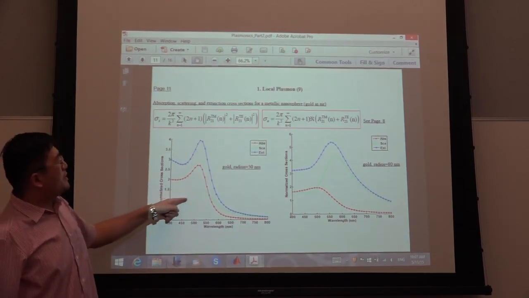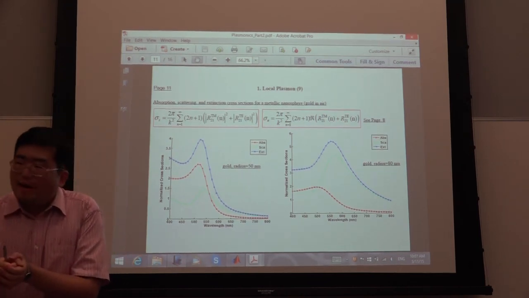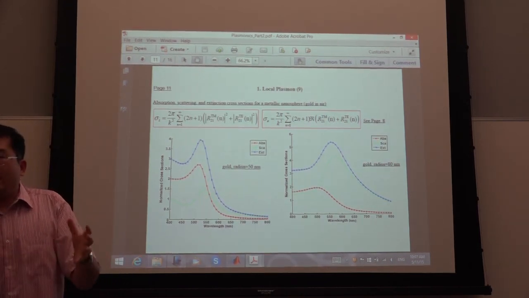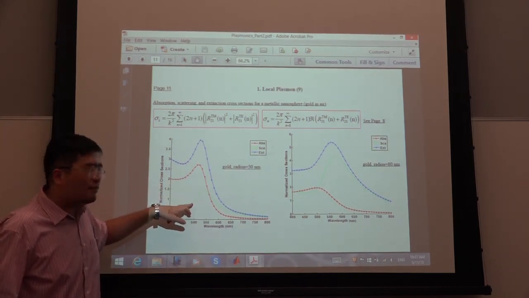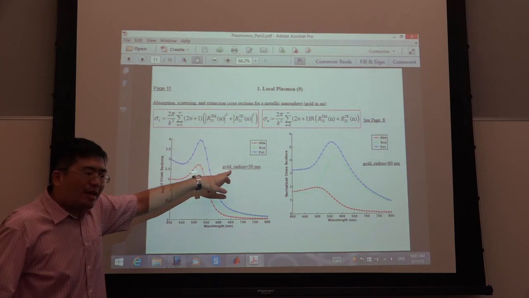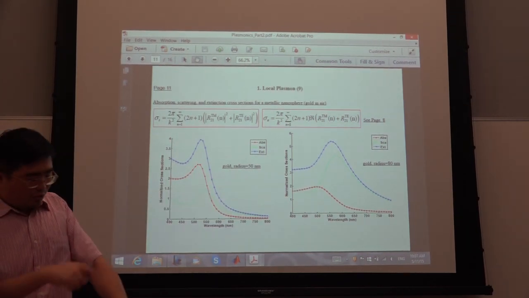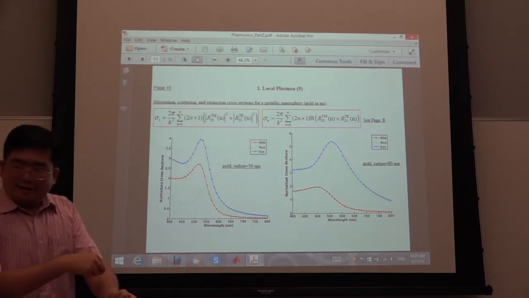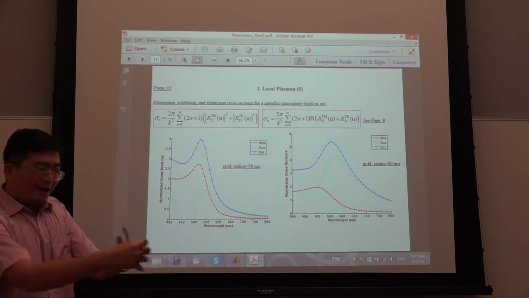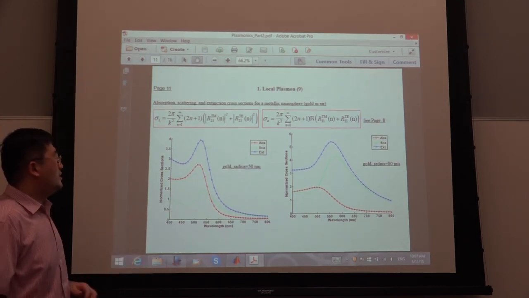The scattering cross-section is smaller than the absorption, so the particle can absorb EM energy and then scatter it, but the absorption capability is larger than the scattering capability for a very small metallic nanoparticle. So if you use nanoparticles to heat up something, you can use these small nanoparticles because they absorb EM energy. This is silver, and this is gold.